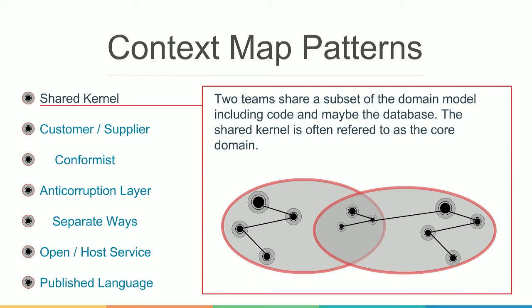RMI and Hessian demand compatibility on a binary level. So what usually happens is that those 2 systems share a jar file with the interface description and the model that is a part of that relationship. That is a typical shared kernel.